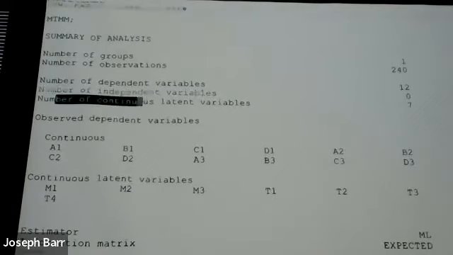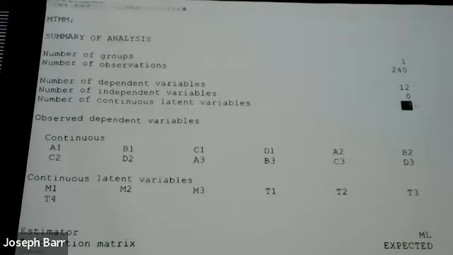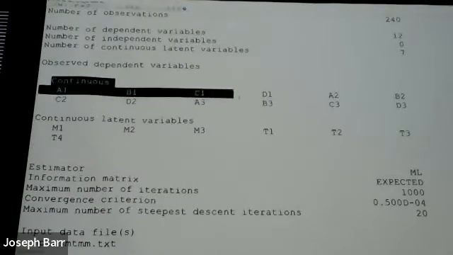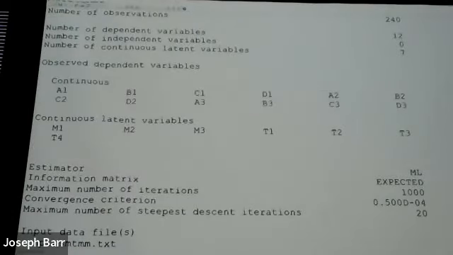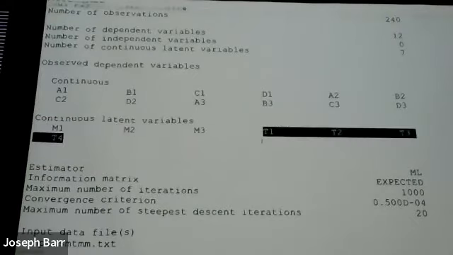But we created some latent variables. Number of continuous latent variables, 7. We have 3 methods and 4 traits. Add them together, we have 7 latent variables. The continuous dependent variables are from A1 to D3.